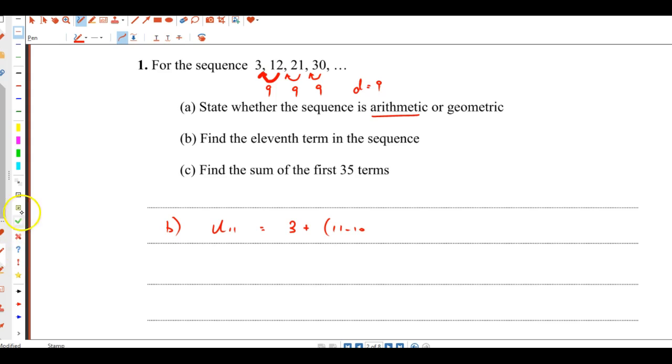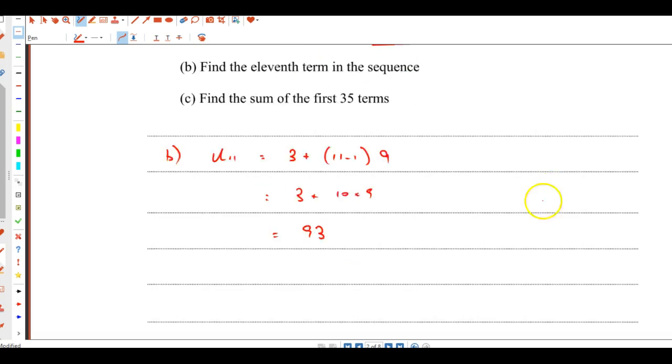I've just received an update, so all my icons have moved and I can't find it. Hold on. Right, I found my eraser. So 11 minus 1, n minus 1 times the difference, which is 9. So 3 plus 10 times 9, which is 93. That's our 11th term.